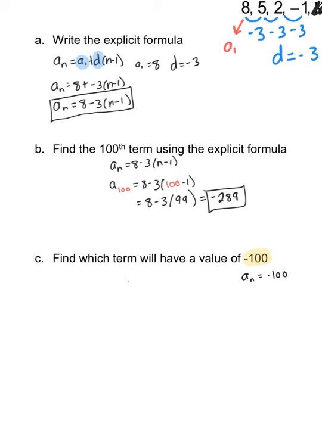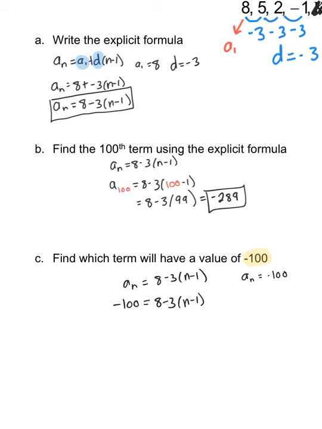Okay, so I'm going to use my formula again. And I'm going to substitute A sub n with negative 100. And now, notice this kind of looks like an algebra 1 equation. You have the letter n, and you want to solve for it because n is telling me the term number.